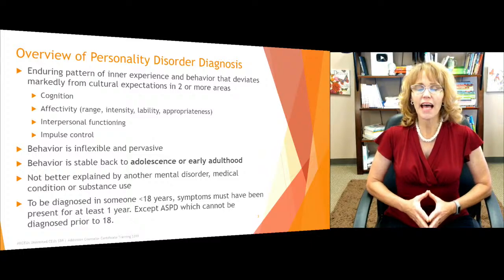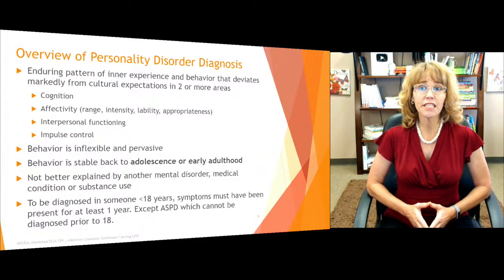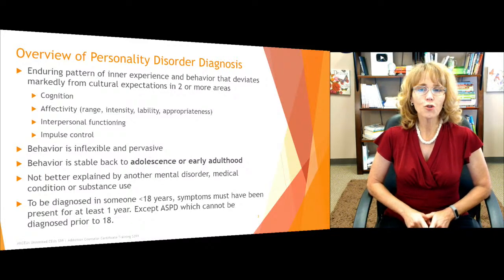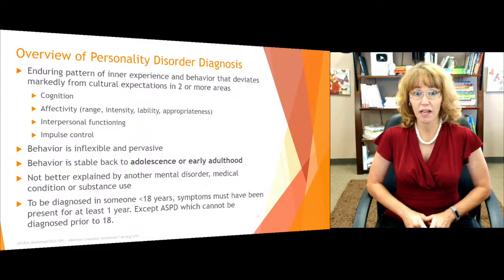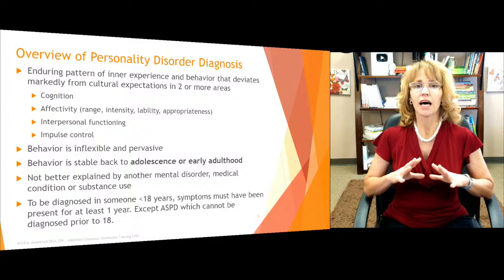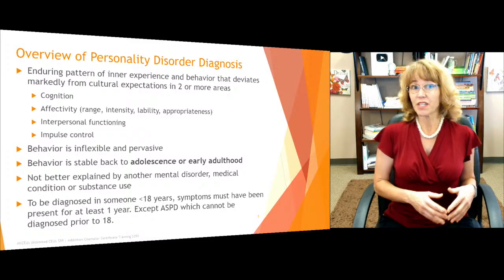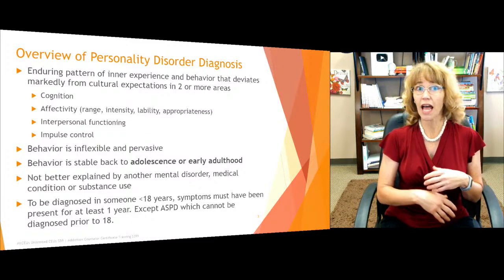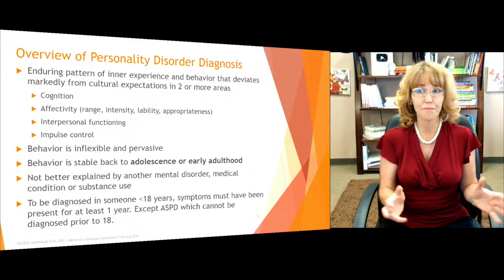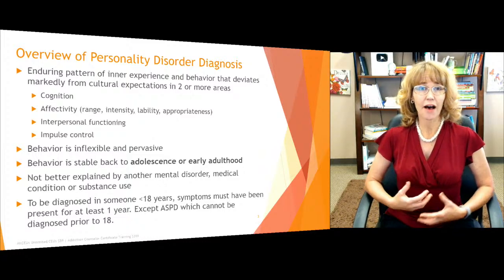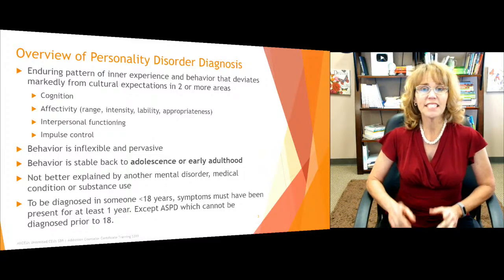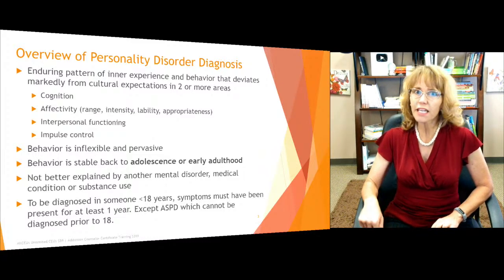It is an enduring pattern of inner experience and behavior that deviates markedly from cultural expectations in two or more areas. So there are a lot of things here that we need to look at. Enduring pattern, so this isn't just something that happens after a trauma. This isn't something that just happens during a certain period of time. Inner experience, how the person is feeling about themselves and the world, and behavior that deviates markedly from cultural expectations.